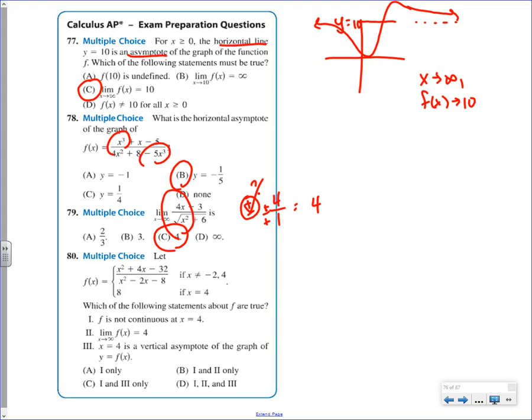Which of the following statements are true? For the limit, wouldn't you have to take this function, because it's where everything but 4 and negative 2 are? So everything below 4 is here, everything above 4 is here. We know f of 4 is equal to 8 according to the second part. We take the limit as x goes towards 4 of f of x.